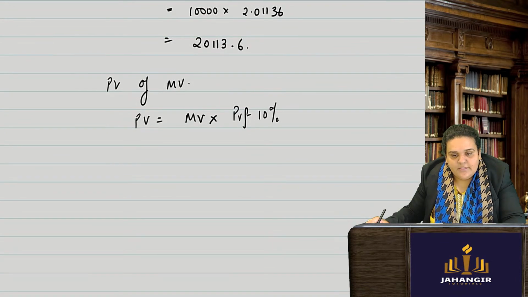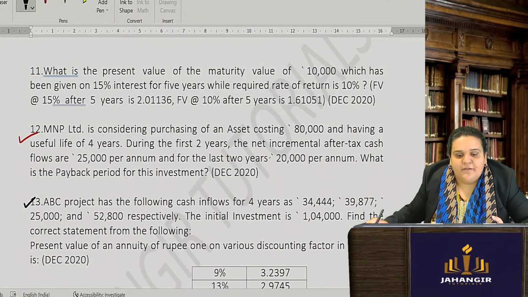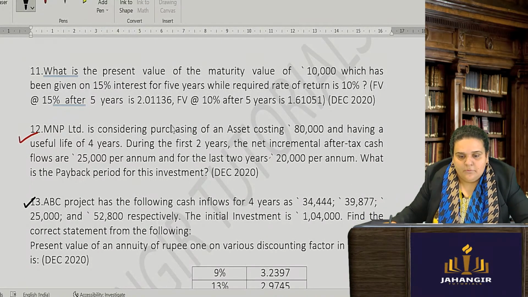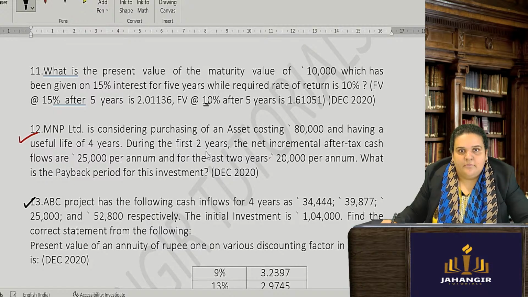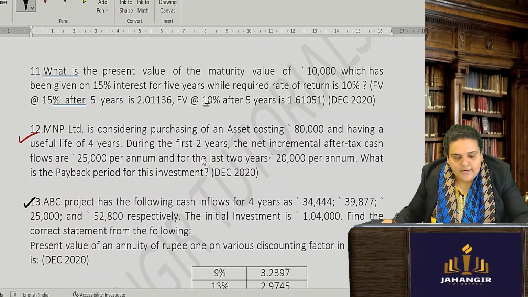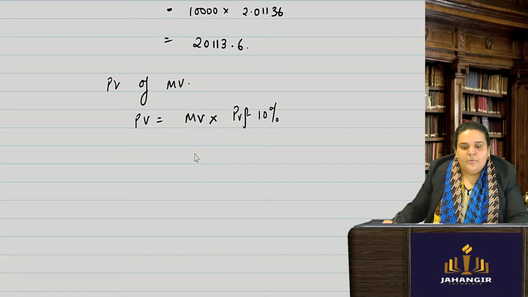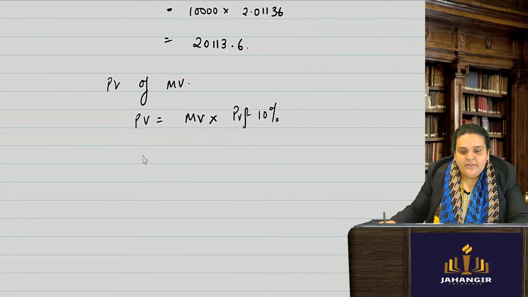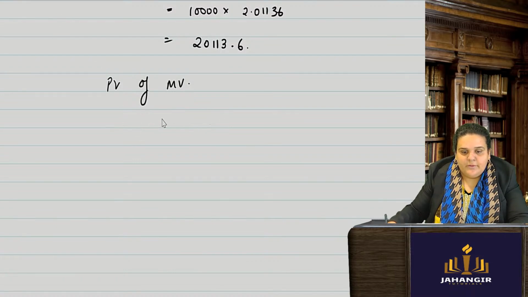Now in the sum what has happened is they have given you after 5 years 1.61051, of this 10%. Right? So what you can easily do if you want to is, you have already found your maturity value. The factor is already given to me. Maturity value I just found. I want to find the present value. So you can do maturity value upon the factor.